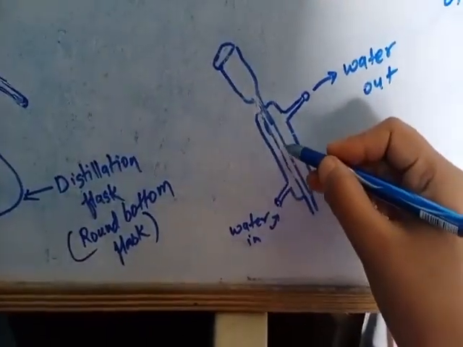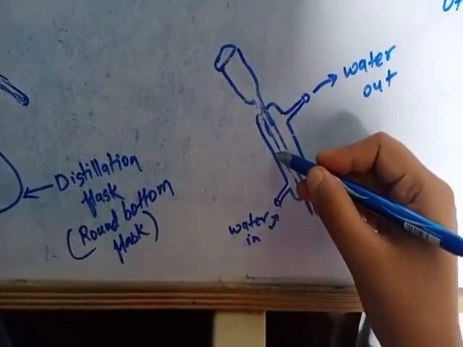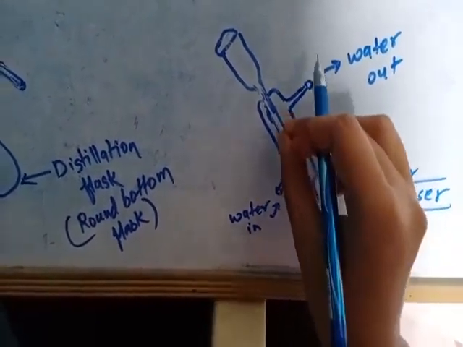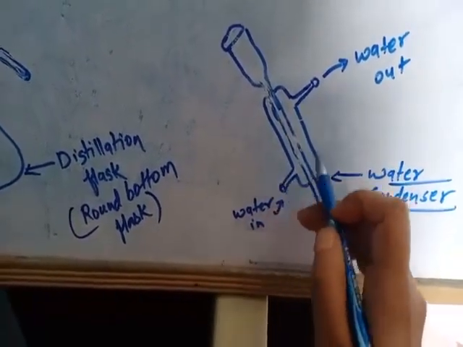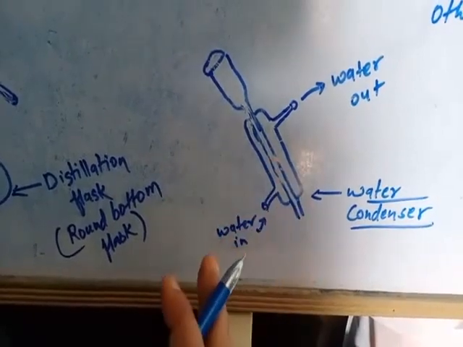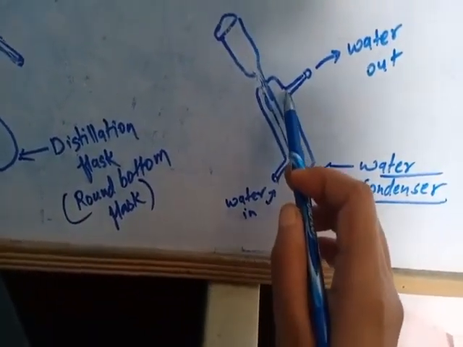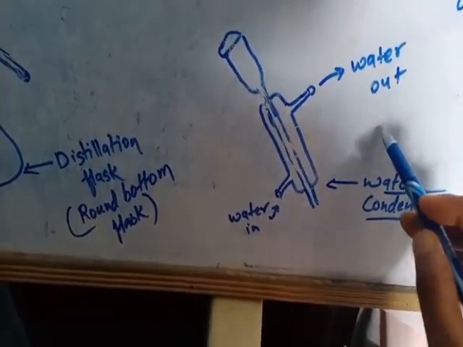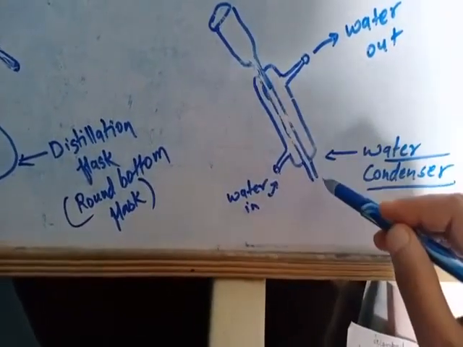You can see this is the inner tube, and the inner tube is surrounded by this outer tube, where the inner tube is getting a continuous supply of water on its outer wall. So water is continuously flowing in and flowing out through the water outlet, keeping this inner tube cooled.